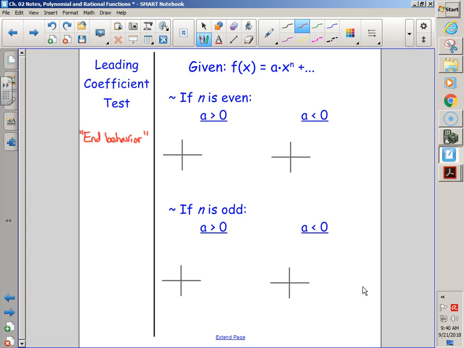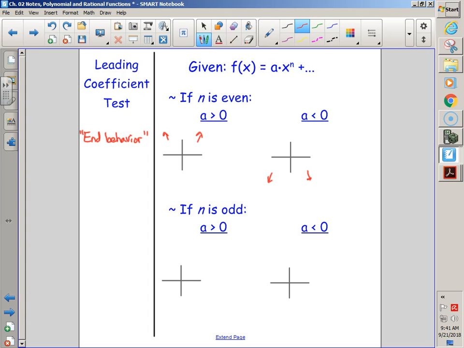And we just talked about how no matter what else there is, eventually it's going to be going up to the right and up to the left. I don't know exactly what's going on in the middle once you start adding and subtracting stuff, but I do know it's going up to the left and up to the right. And if a is negative, I know eventually it's going down to the left and down to the right.